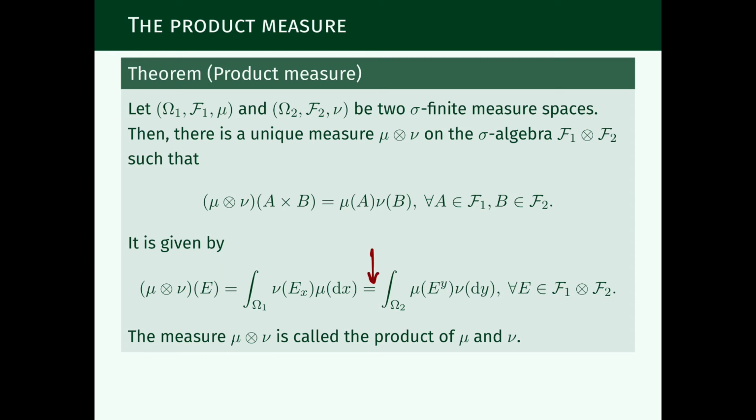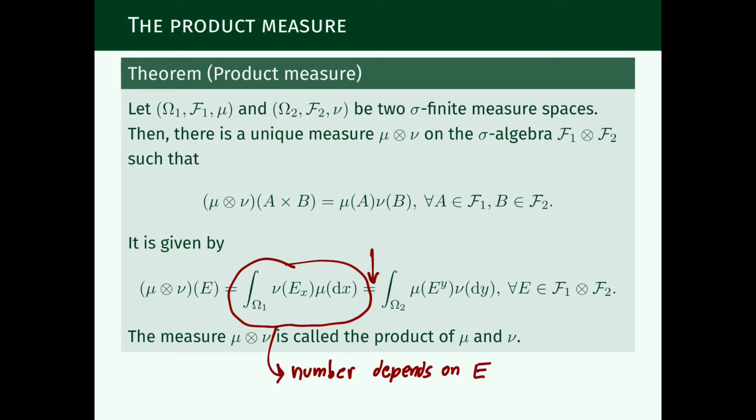And why is that? Well, that's because if we show that this here is something that depends on E, this is a number, and this number depends on E. And if we show that this number that depends on E is a measure and that it satisfies these properties, it means we get existence already.